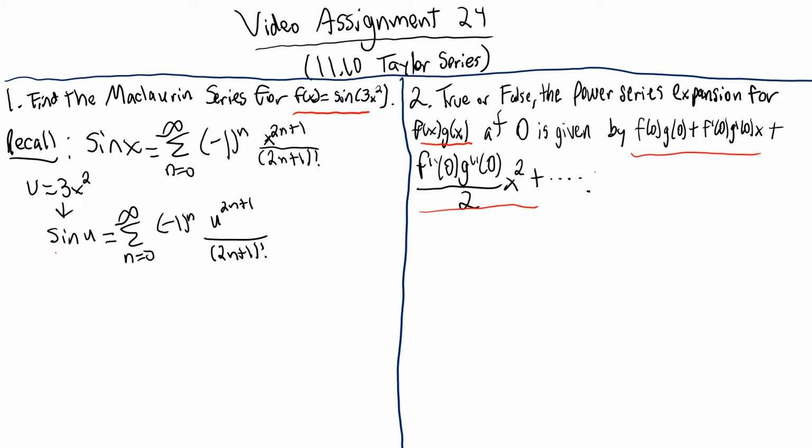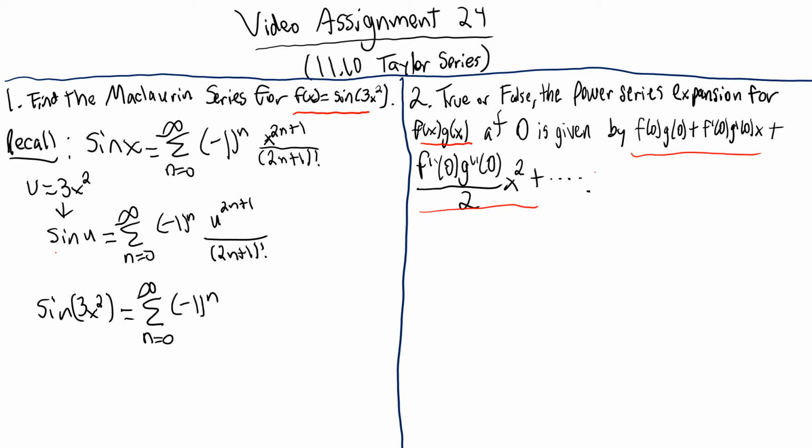So now that we have u put in for 3x squared, now we could just bring back the 3x squared and combine everything. So we have sine of 3x squared equaling the sum of n equals 0 to infinity of -1 to the n.